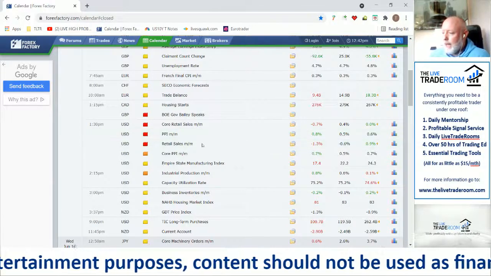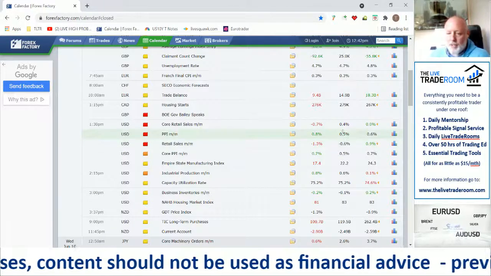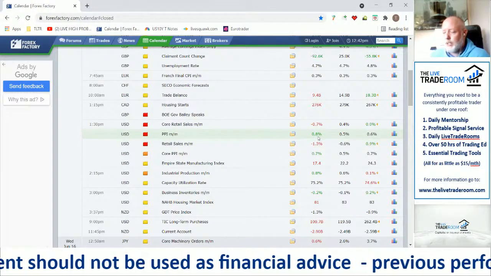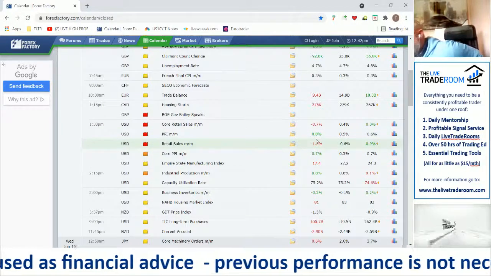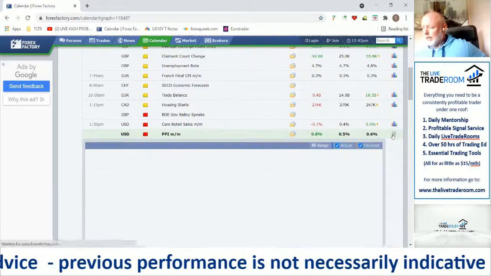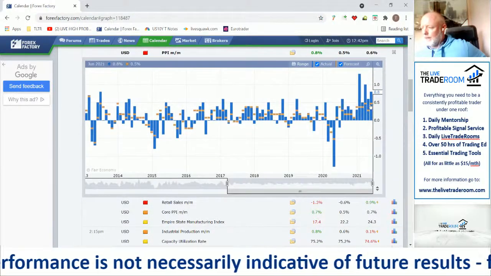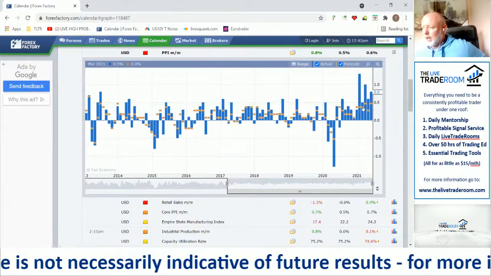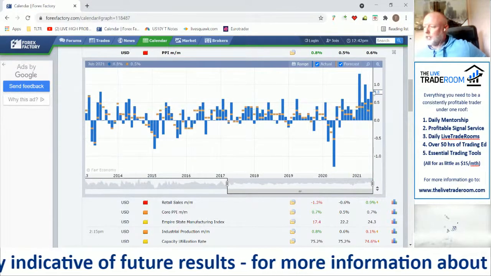PPI figure, when we talk about inflation, we're expecting plus 0.5, and we're seeing a plus 0.8. So for a monthly PPI figure, that's a significant uptick. We spoke briefly yesterday about the fact that this PPI figure over the last 5 months has come in way above expectations.